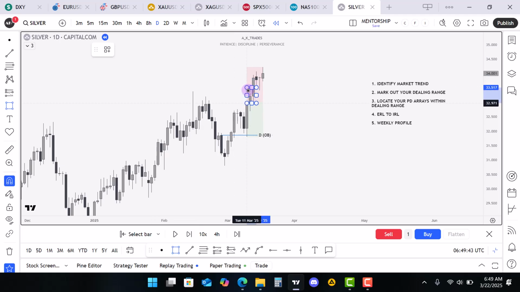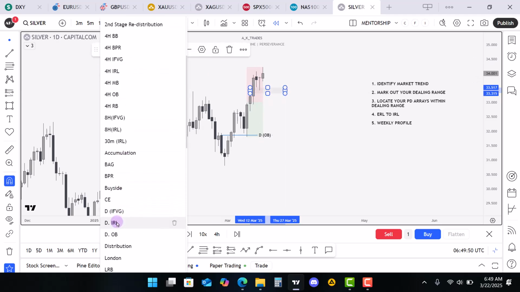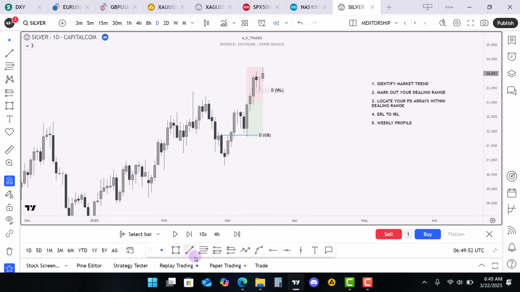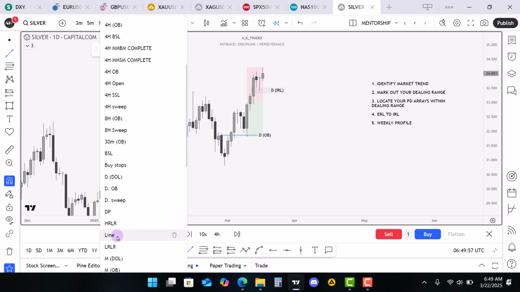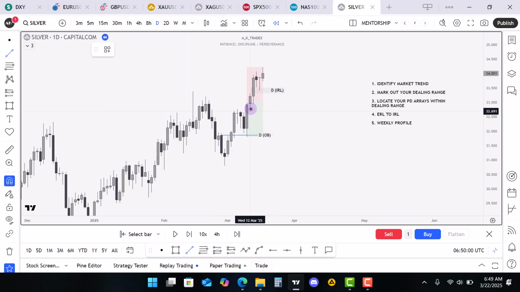So here we have a daily internal range liquidity here, and at the discount zone too, there is a tiny internal range liquidity here that may be difficult to identify, but it doesn't matter how small the daily internal range liquidity might be.